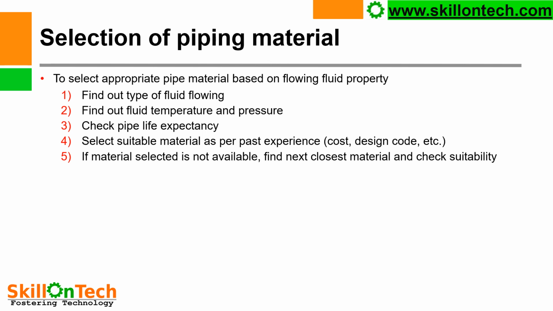If the material has not survived and not given good service to us, then we can go for an upgraded material. That will enhance the life of your pipeline. If the material selected is not available, find the next closest material and check suitability.